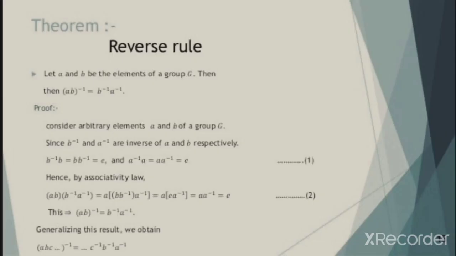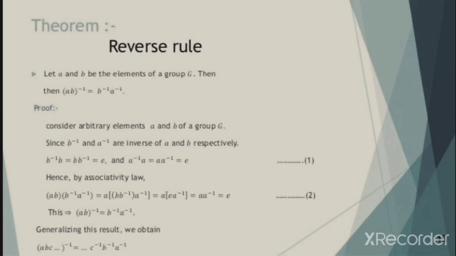Next is the reverse rule. If we consider a and b elements of group G, then (ab) inverse will be equal to b inverse a inverse. We can prove it by considering arbitrary elements a, b of group G, and we know that b inverse and a inverse are inverses of b and a respectively. So b inverse b will be equal to e, and similarly a inverse a will be equal to e.